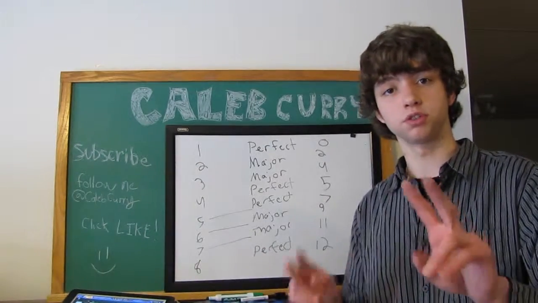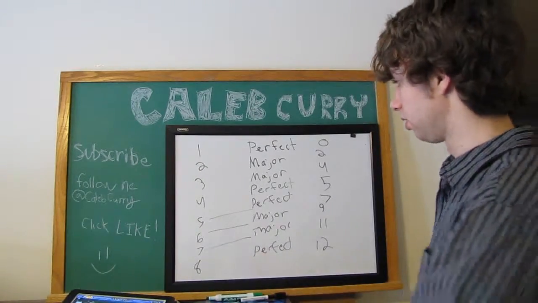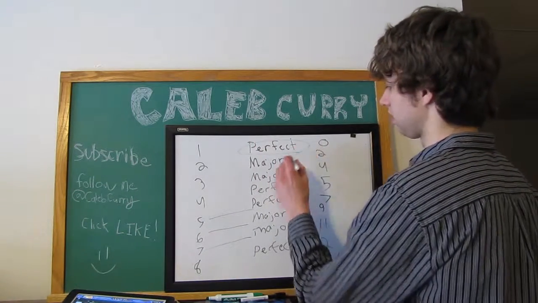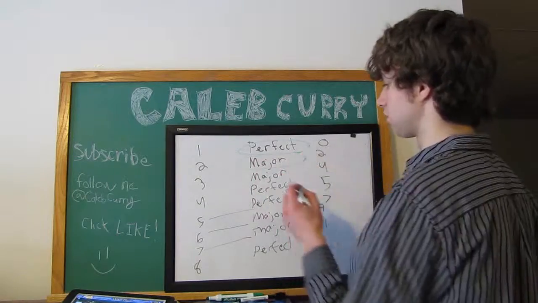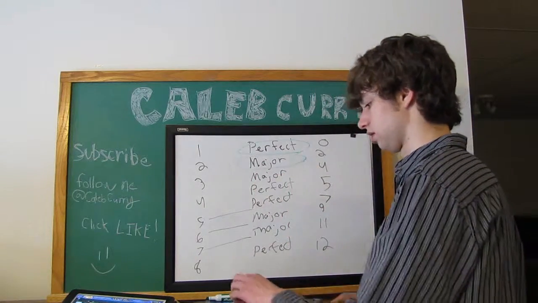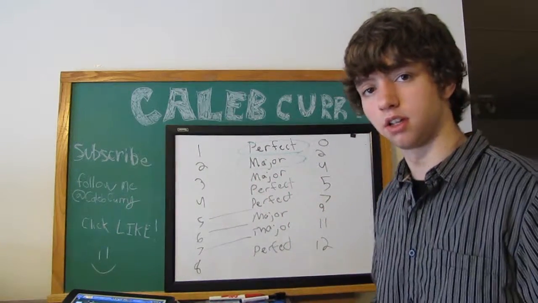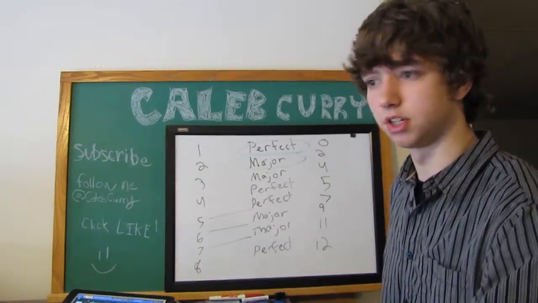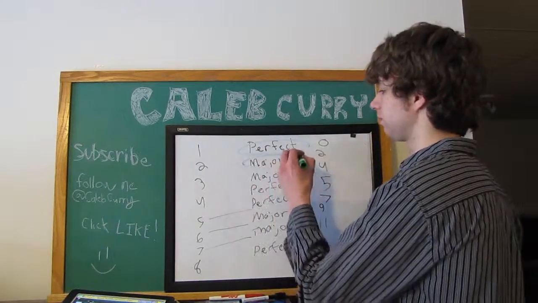So we've learned that there's 2 types of intervals so far. We have perfect and major intervals. There's 2 different types. And that's important because those can describe our music in greater detail.